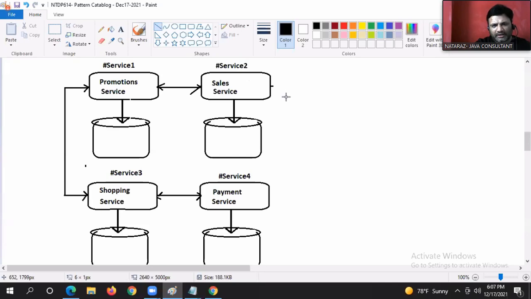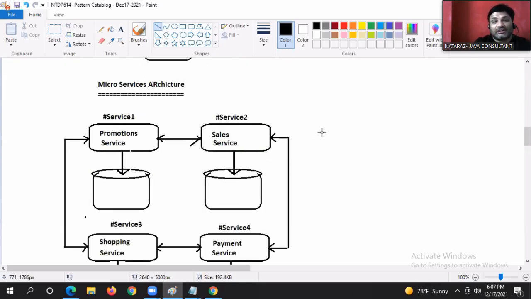If you are interested, you can use a different database also, but it is not required. You can take a different logical database of the same database software. Now listen, guys. What's the beauty of this microservice architecture?